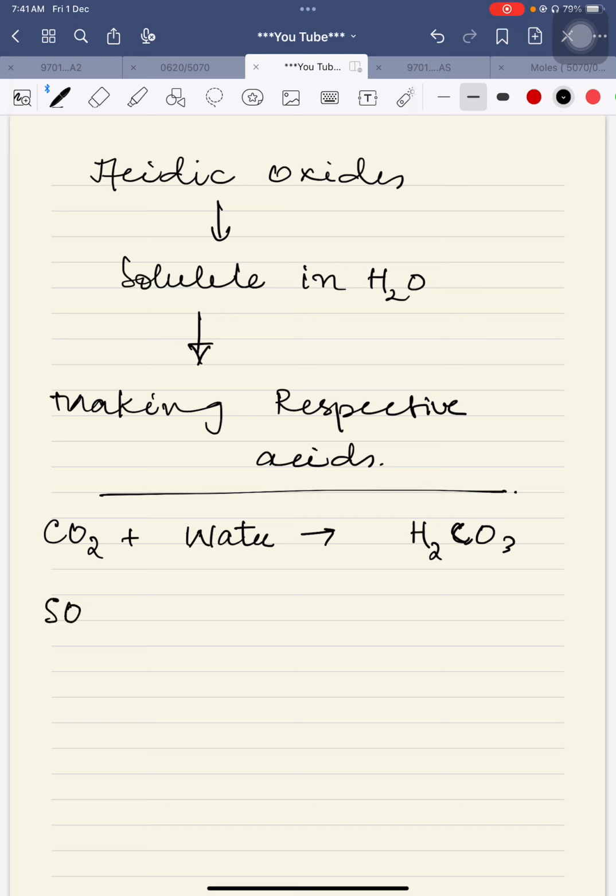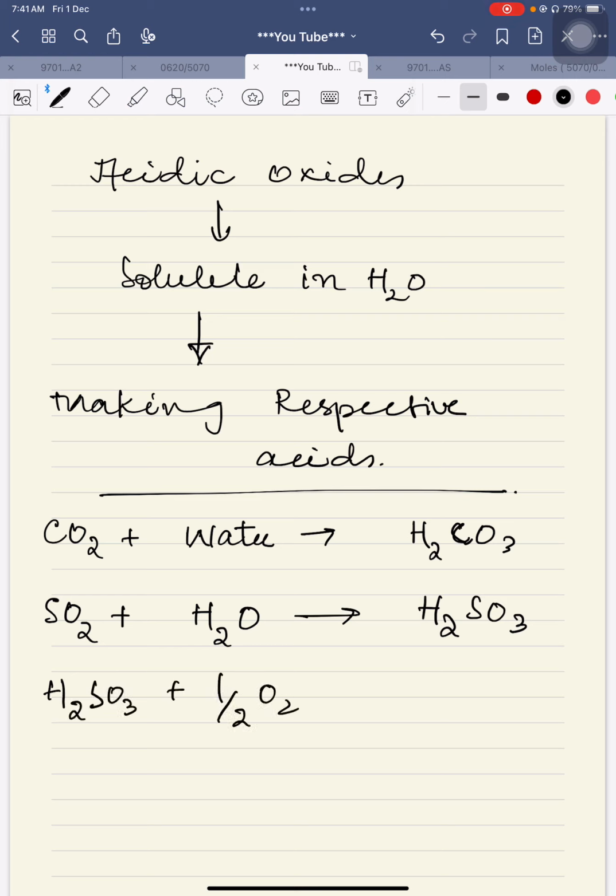When sulfur dioxide dissolves in water, it will make sulfurous acid initially. And when this sulfurous acid combines with more oxygen, it makes sulfuric acid. So H2SO3 is called sulfurous and H2SO4 is called sulfuric.